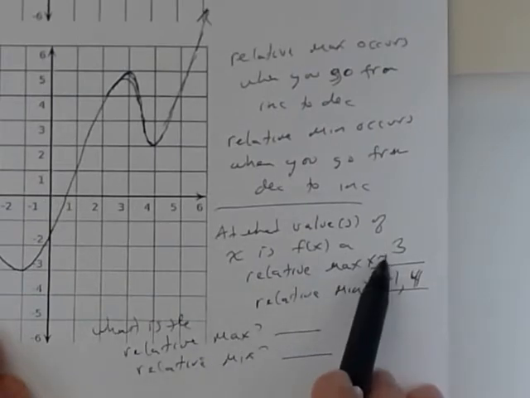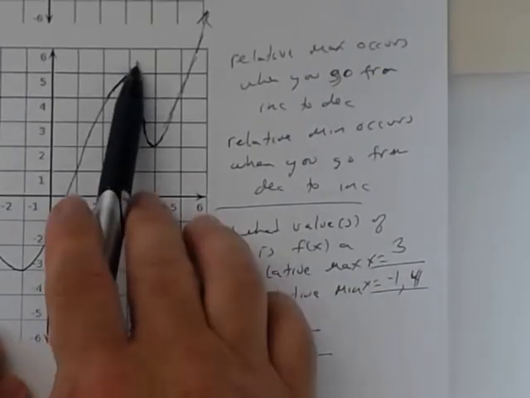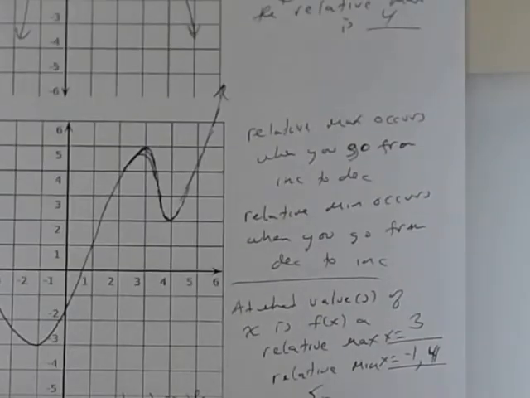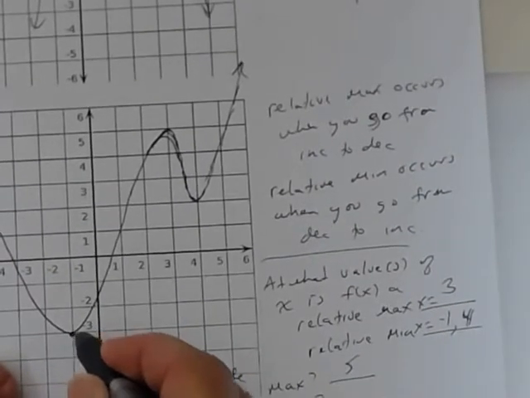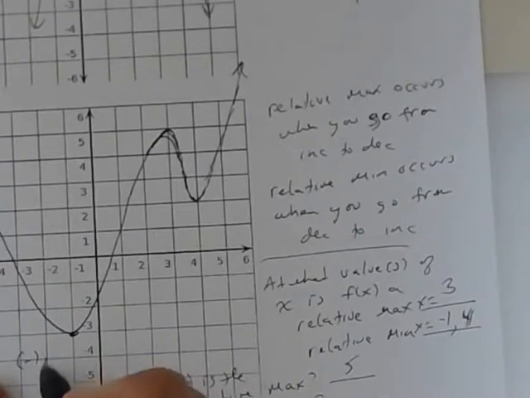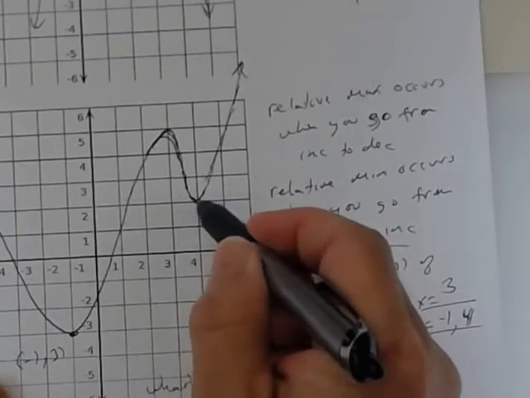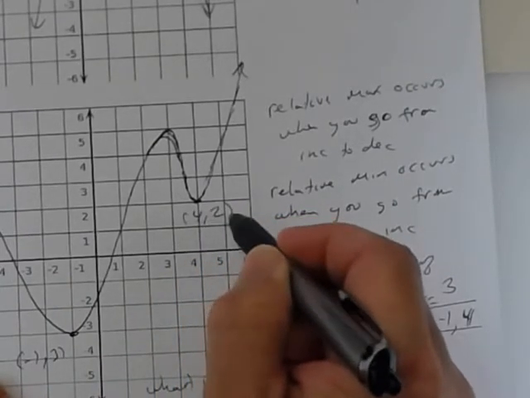So when x is 3, what is that relative max? What is that y value? 5. So 5 goes here, y'all agree? Okay. For relative min, what is the relative min? Negative 3. See, it helps if you label this. So label this as negative 1, 3, and this is what? 4, 2, is that correct?